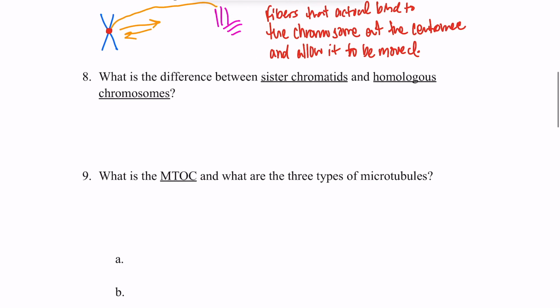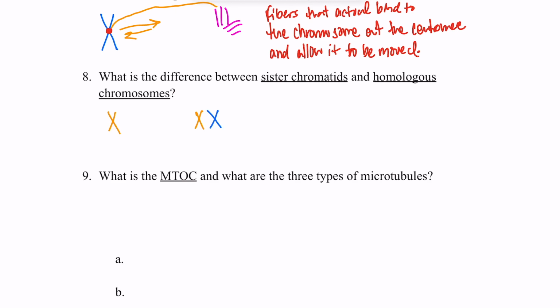All right, question 8. What is the difference between sister chromatids and homologous chromosomes? So sister chromatids are identical copies of the chromosome, while homologous are similar copies of the chromosome, one which you get from your mom and one which you get from your dad. So a lot of the times it'll show sister chromatids like that, and then homologous chromosomes will be a pair.